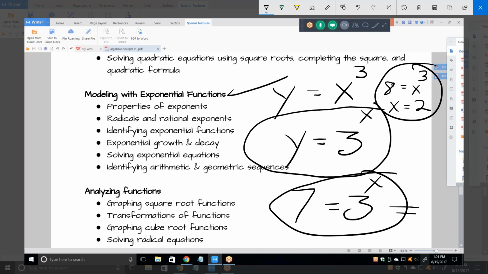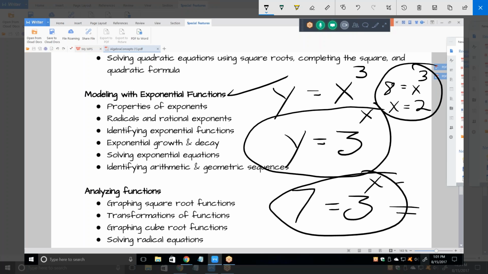Because it's some fraction. In other words, obviously, x has to be between 1 and 2, right? Because 3 to the 1 is 3, 3 squared is 9. So the answer has to be some number between 1 and 2. And I don't know what it is. It's an irrational number.